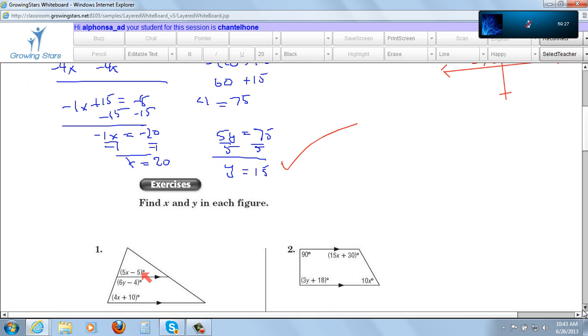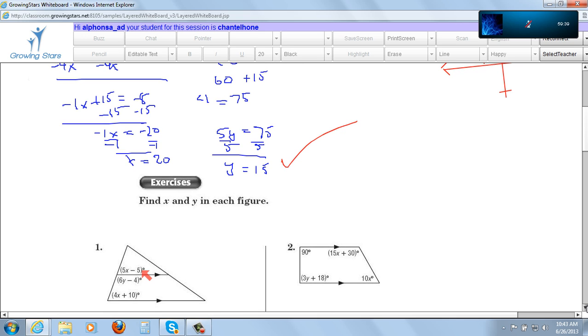Correct. Now you got the value of x. Now substitute the value of x and isolate the value of y.